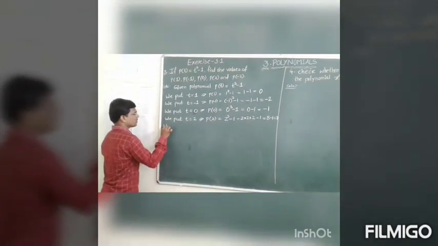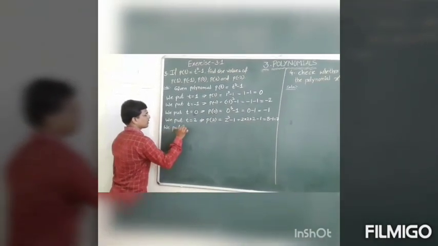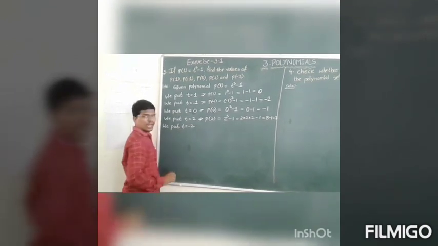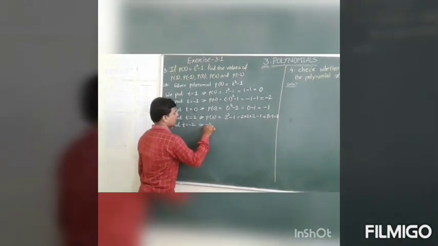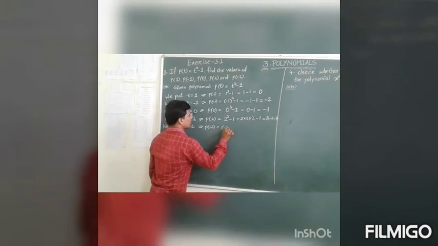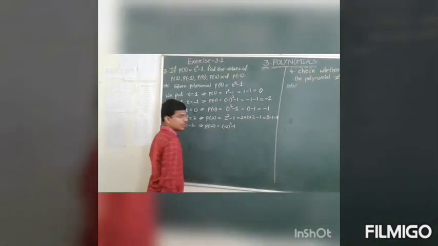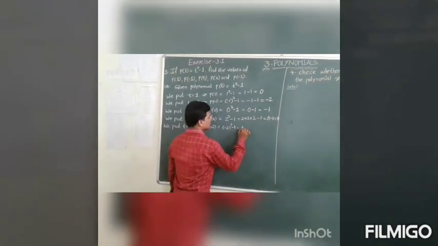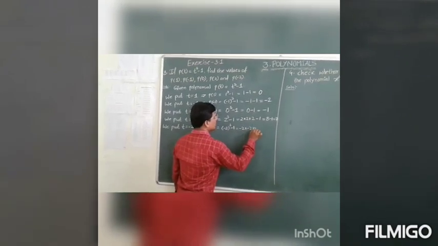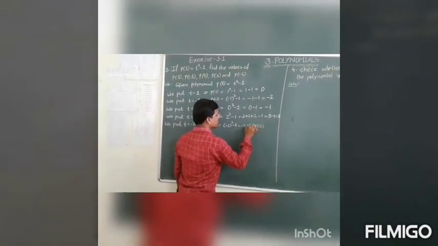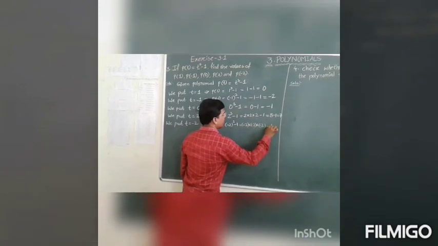Next we put t is equal to minus 2. So P of minus 2 is equal to minus 2 whole cube and minus 1. That is minus 2 into minus 2 into minus 2 and minus 1.